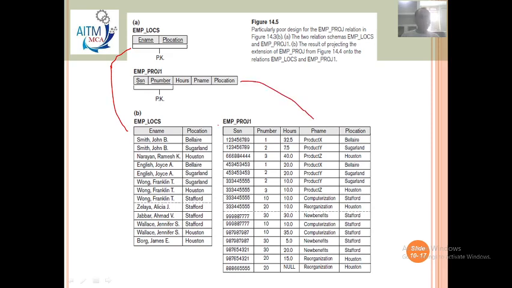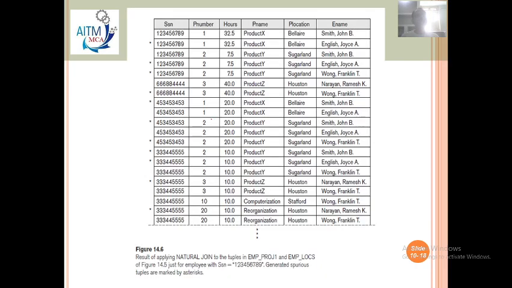Got it? When you apply the join condition for these two, when you join these two tables, what happens? See here now, unwanted information is displayed again and again. See here now, example, if you take this 1 2 3 4 5 6 7 8 9, the project number 1 is this, 32 hours, product X, and his name is this.